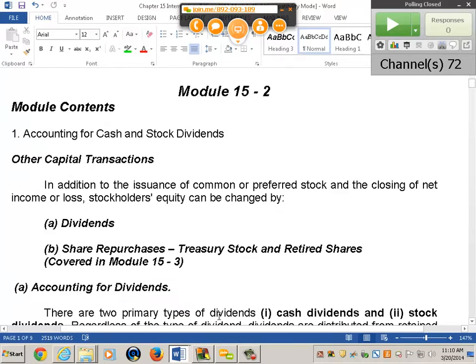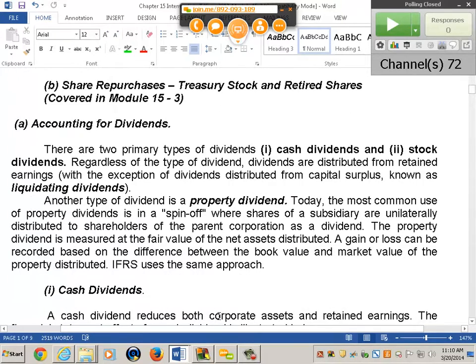Now, when we look at the dividends, the two primary types, and again, this is 15.2, are going to be cash dividends and stock dividends.